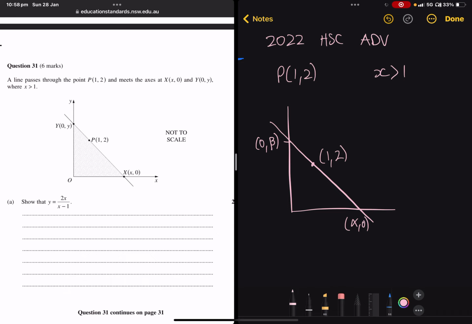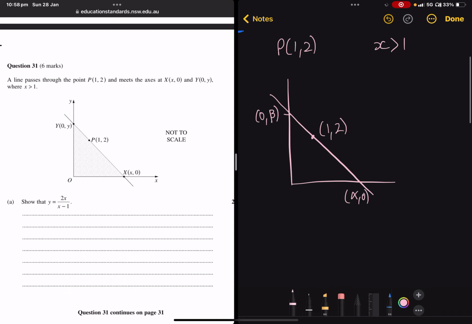I can do that by finding a line of best fit. It's the linear equation connecting these three points. So the slope of this line, m, has to be beta over alpha, but negative, because it's going down and to the right.